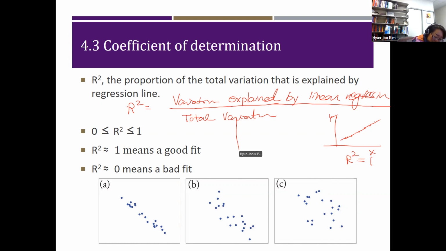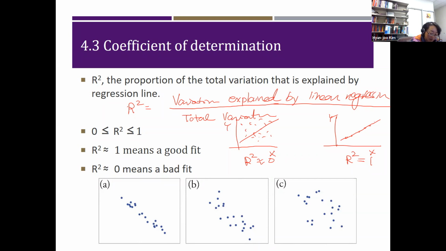How about the opposite? Nothing is explained by your linear regression line. You have some line, but you cannot really explain much about what's going on with the data set. In this scenario, your R square will be close to 0. It's probably not exactly 0, but close to 0.